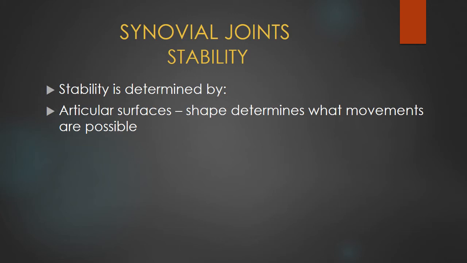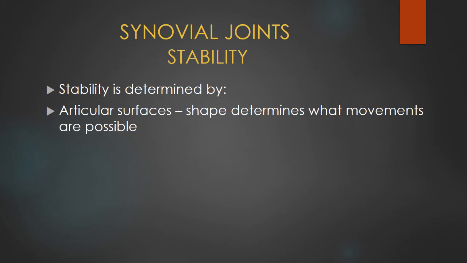Because this is a very shallow surface, this permits a wide range of motion, however, it is a very unstable arrangement. Conversely, the femoroacetabular joint of the hip has a much deeper articular surface of the acetabulum than the surface of the glenoid fossa.